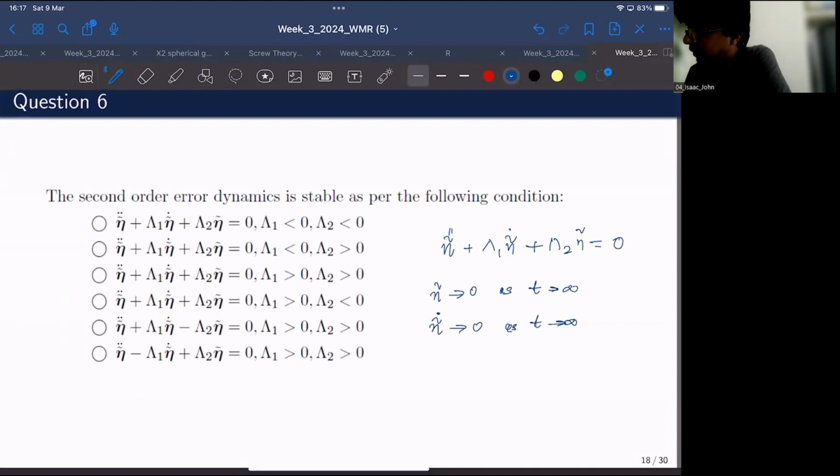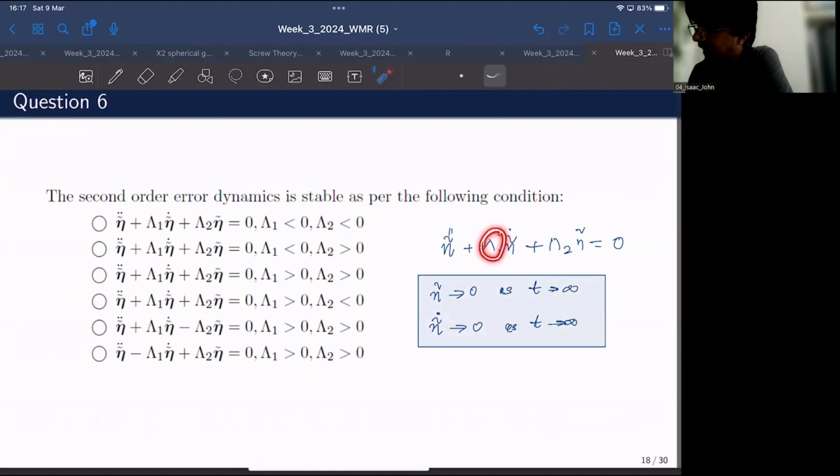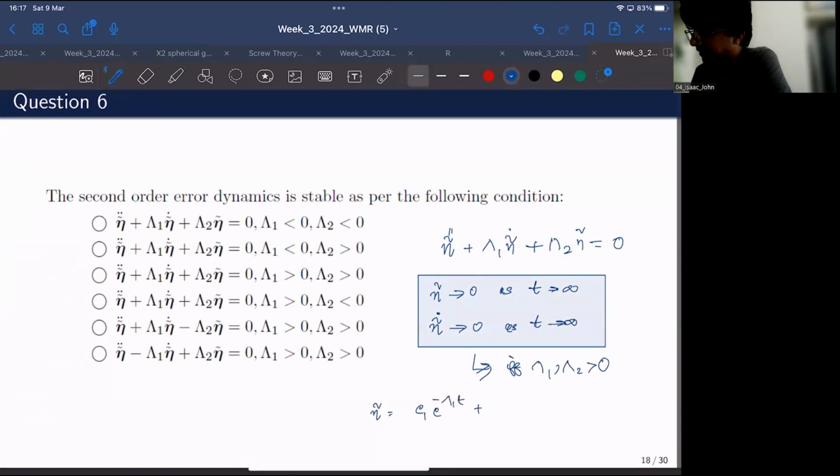And in order for this to happen, the coefficients lambda 1 and lambda 2 should be greater than 0. This will only be possible if and only if lambda 1 and lambda 2 are both greater than 0. Right? The homogeneous solution would be something like C1 e raised to minus lambda 1 t plus C2 e raised to minus lambda 2 t.